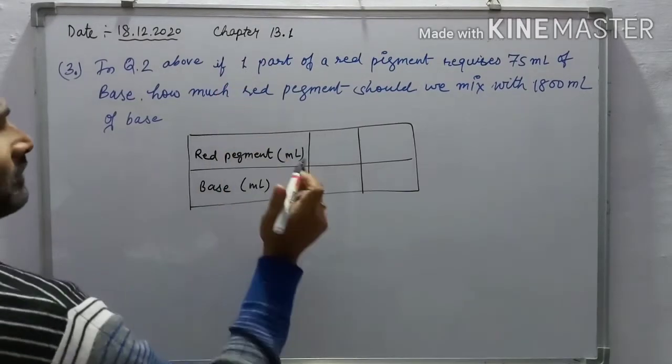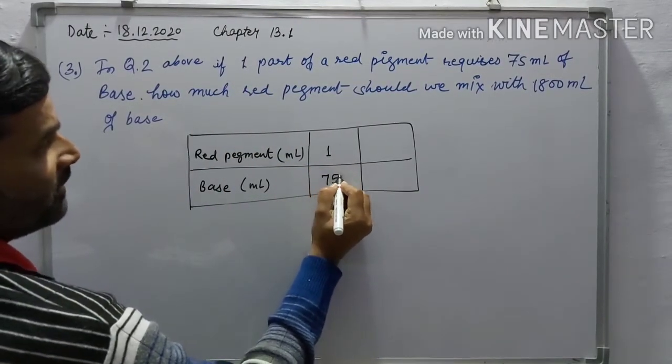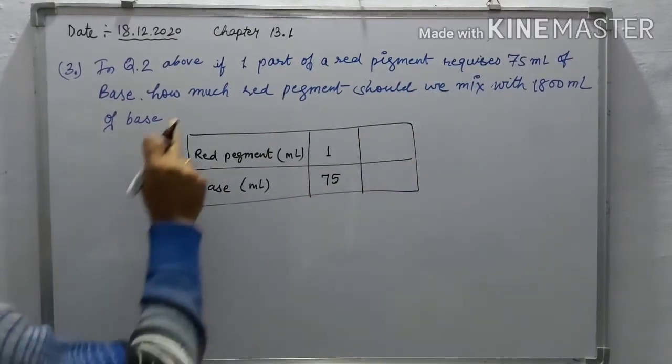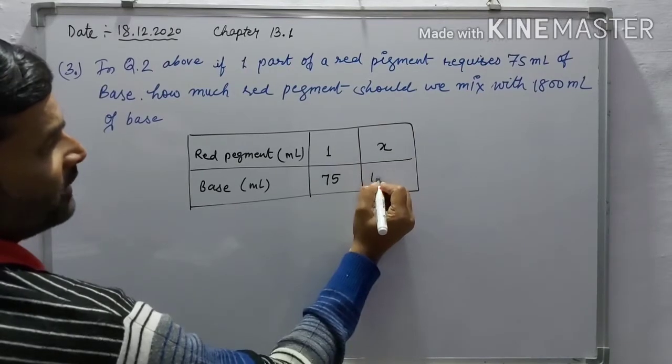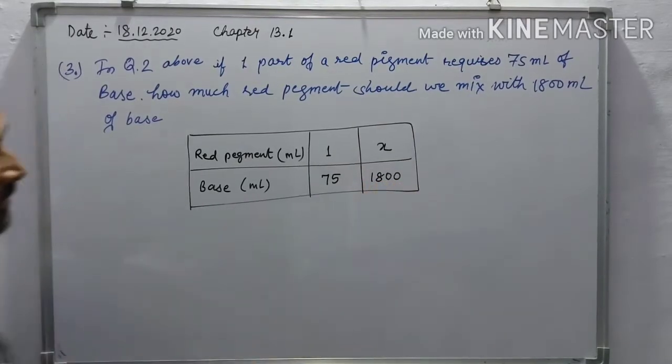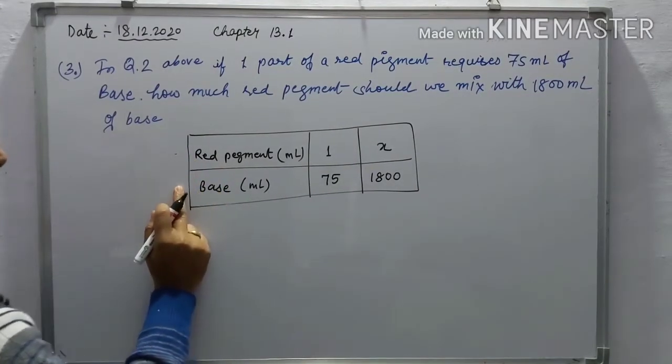According to the question, one part is equal to 75, and how much pigment, the value of x, will be mixed with 1800 ml. This is the value of x and this is the value of y.